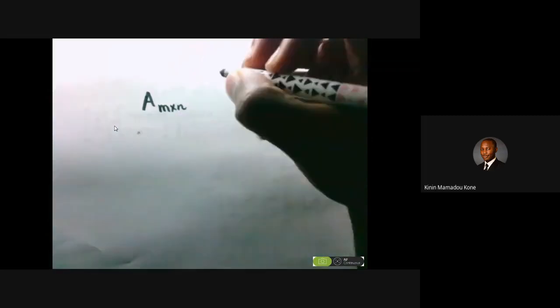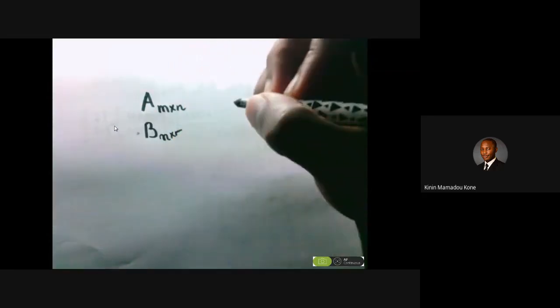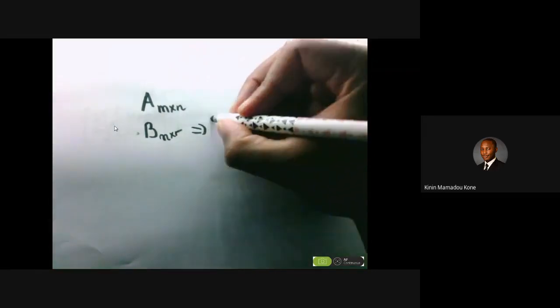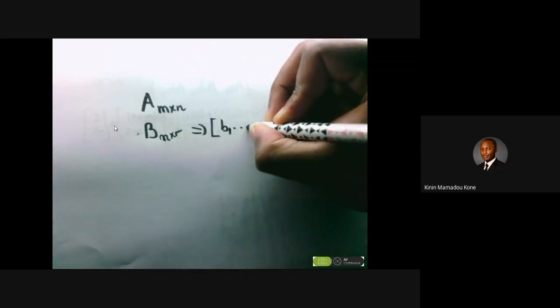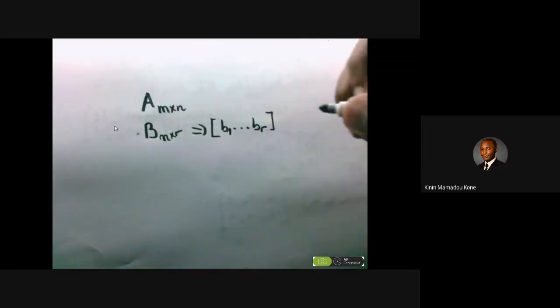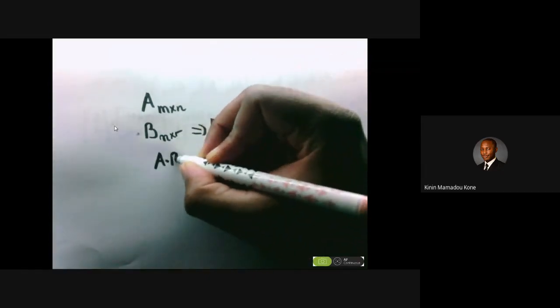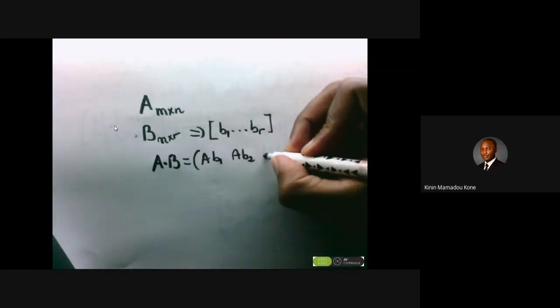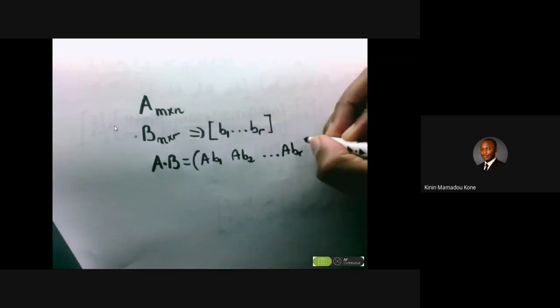Let's say that you have a matrix A which is M by N, and you have a matrix B which is N by R. So the matrix B can be partitioned into B sub 1 all the way to B sub R. And then if you want, you can do a block multiplication of A times B, and that's going to give you the matrix A times the column vector B1, matrix A times the column vector B2, dot dot dot, matrix A times the column BR.